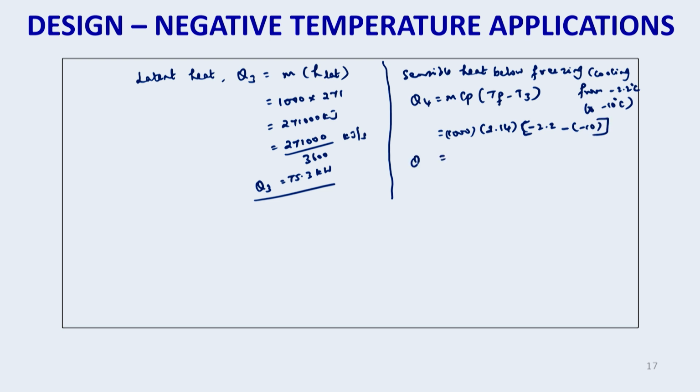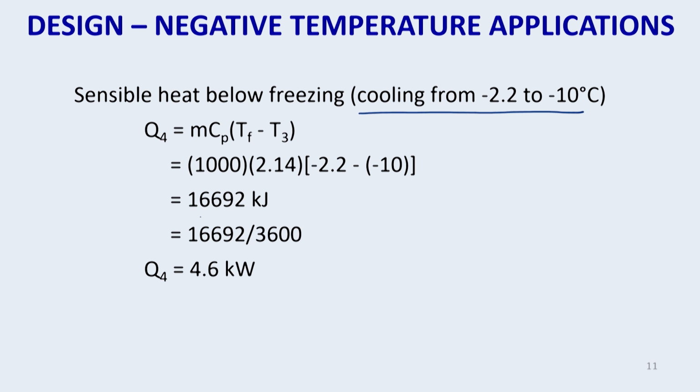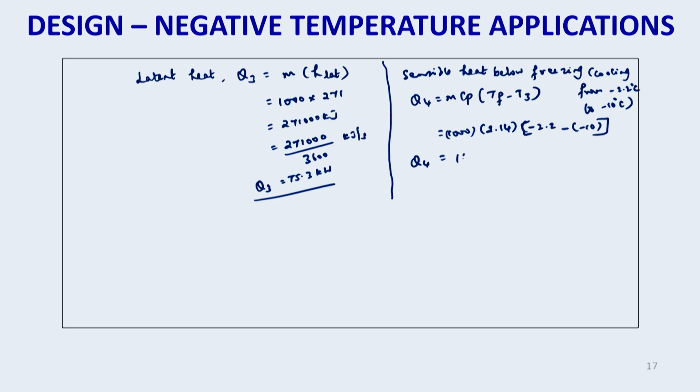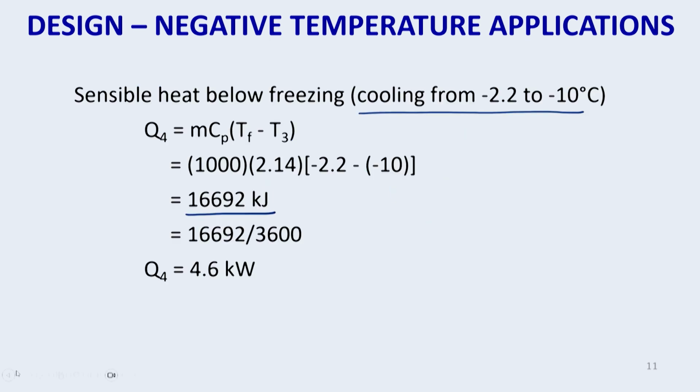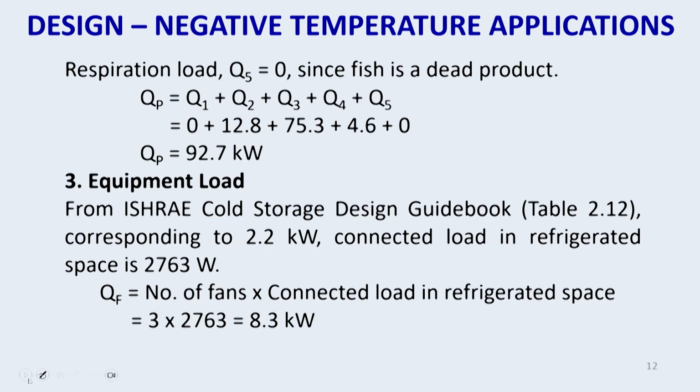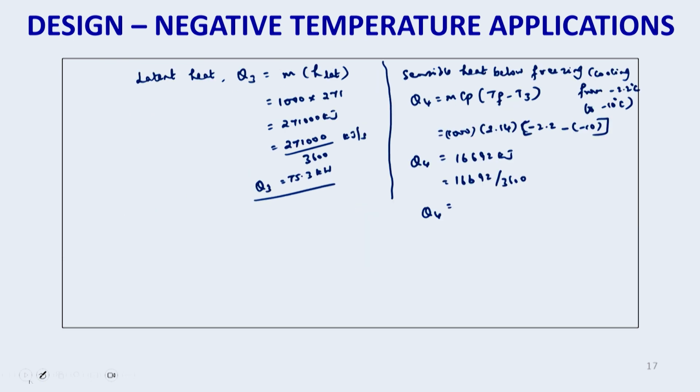When we calculate, Q4 is equal to 16,692 kilojoule, which is equal to 16,692 divided by 3,600. That is equal to 4.6 kilowatts.